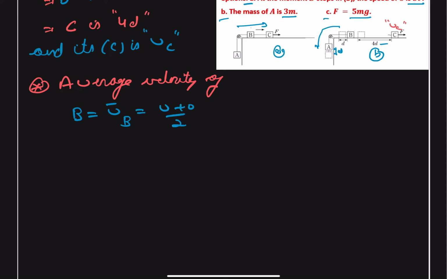Similarly, for C we can write VC bar equal to (v plus vC) divided by 2. The ratio of the average velocities is proportional to their respective distances traveled. This is a formula we already know.